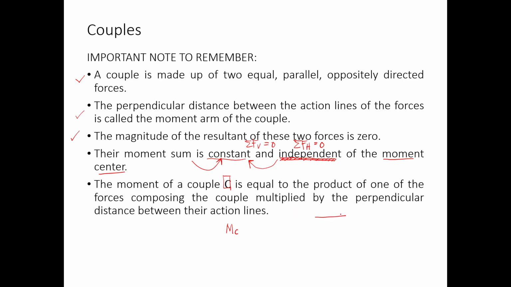For example, this is the force, and this is the perpendicular distance between the two forces. Since they are equal in magnitude, the moment is just force times the perpendicular distance between their action lines. Let's say this one is d. Force times distance.